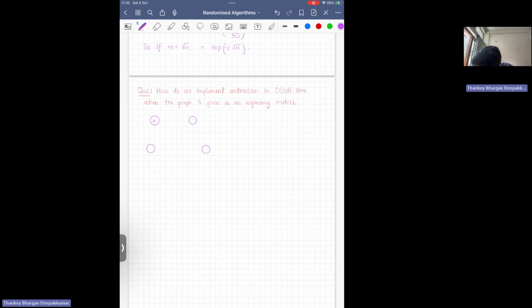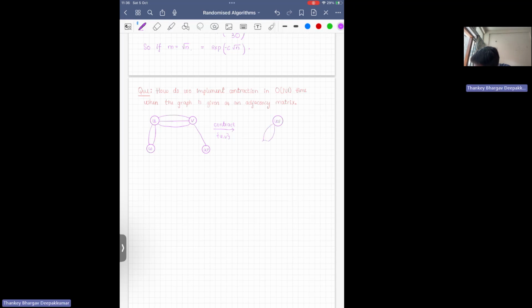So it does something like this. Let's say this is U, this is V, this is W, this is W prime, and let's say you have multiple edges going from here to here. And when I contract, I get one vertex UV.